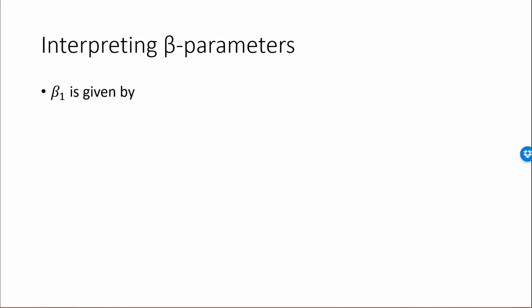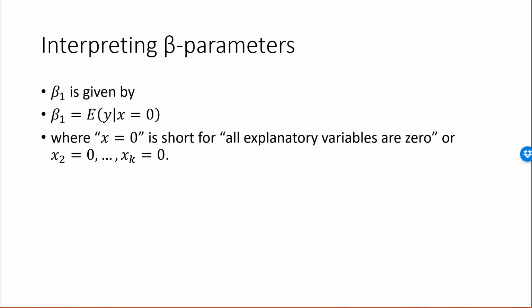For our particular example, it doesn't make any sense because that would be the expected score on the final for a student that had 0 GPA and 0 on all the SAT sections. We probably don't have any student in the sample which is even close to that, so in this case that doesn't make too much sense. But that's what it is. It's the expected value of y when all the explanatory variables are 0. So this x equal to 0 without the specific subscript, we have to interpret as all of them being 0.